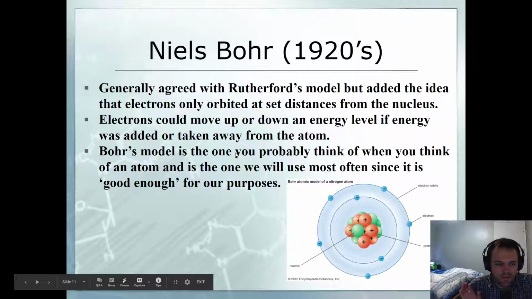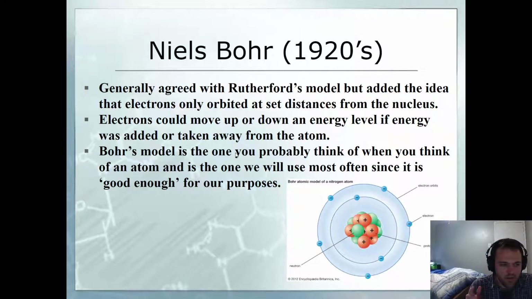So he said that if you add more energy to an atom, the electrons can move up an orbital, or down if you take that energy back away. But that they would always be a set distance away. They would either be here or here, but there's not going to be any electrons in this in-between zone. And that's referred to as them being quantized.